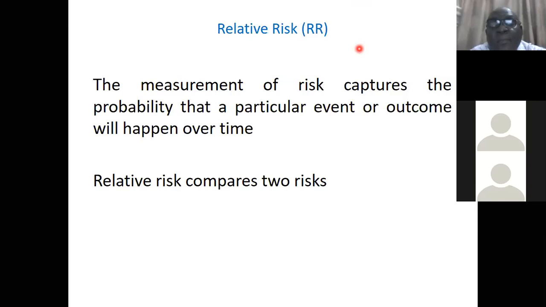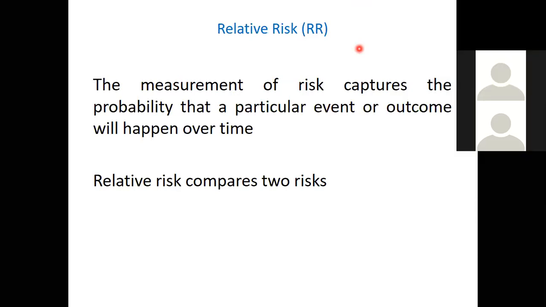So the relative risk compares the risk of two events, two risks. Relative risk can also be called risk ratio because the way it compares is to divide one risk by the other.